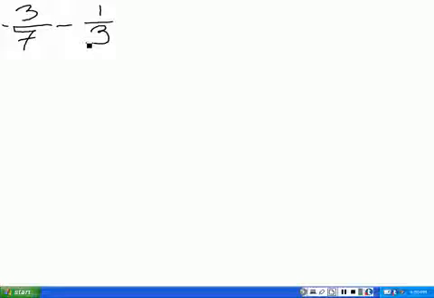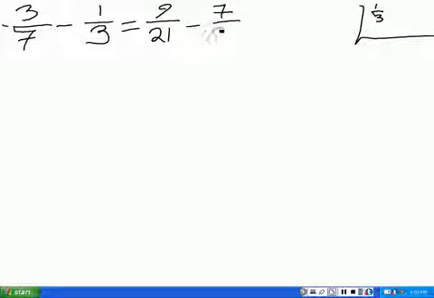So I'm going to take 3/7 minus 1/3. I could even write a little 1/3 up here. Okay, so I'm using 1/3. I'm going to take 1/3 away from 3/7. That's going to give me 9 out of 21 minus 7 out of 21, which is 2 out of 21.